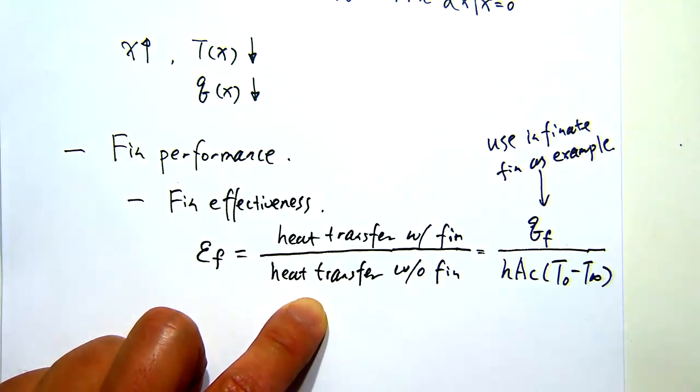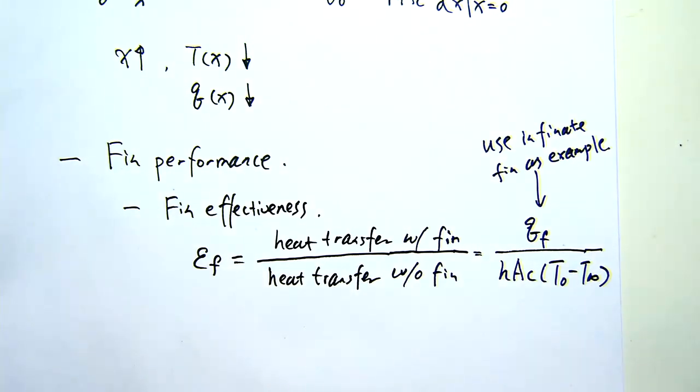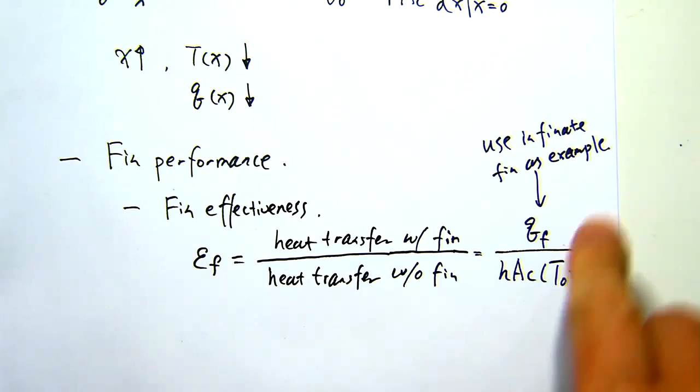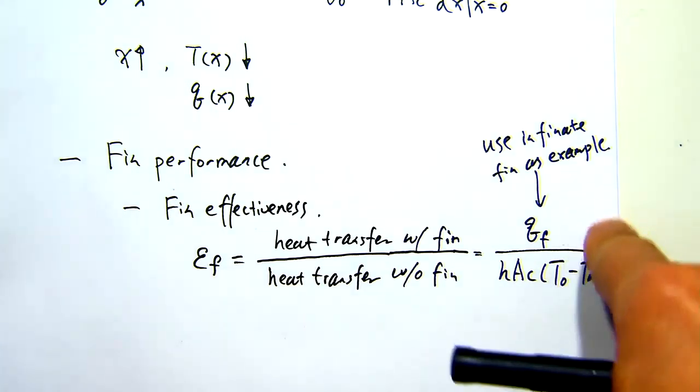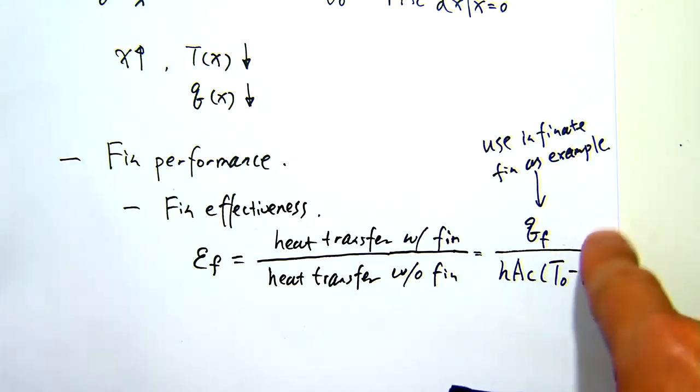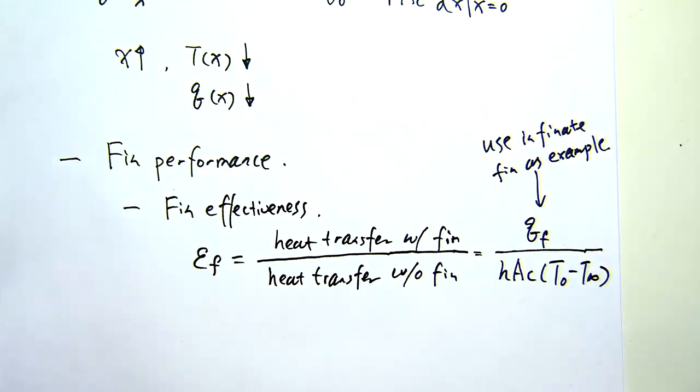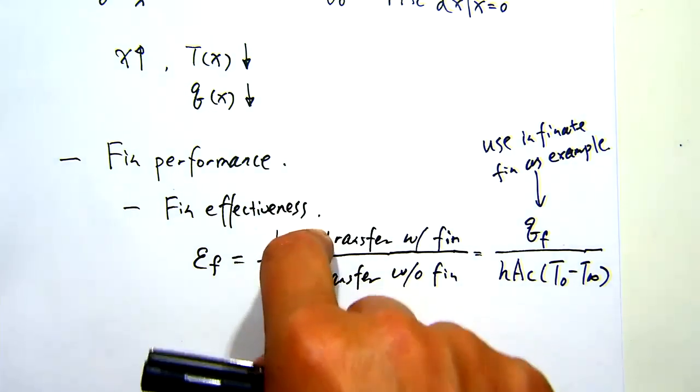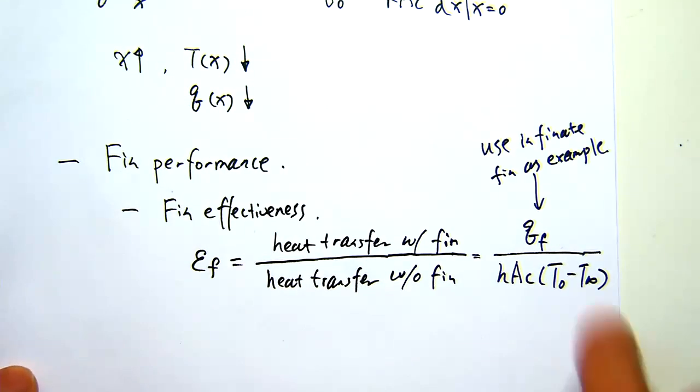Although an infinite fin is not really practical, by bringing in its heat transfer rate here we can have a pretty good understanding of what parameters are affecting the fin performance, particularly the fin effectiveness.